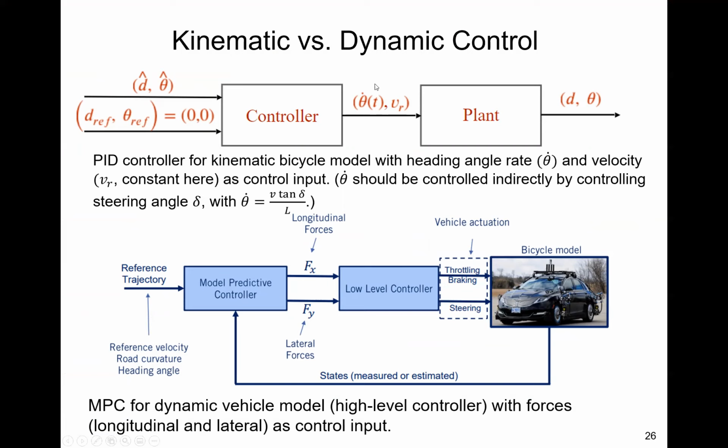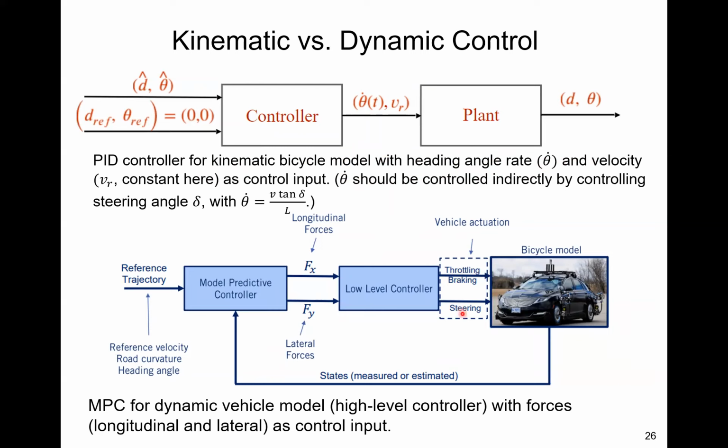You may have a controller that produces the control input to the plant, which is the heading angle rate, theta dot, and velocity, which is constant here because we're only controlling the lateral motion. This is the kinematic control. By the way, the heading angle is controlled indirectly by the steering angle, which we'll discuss next.